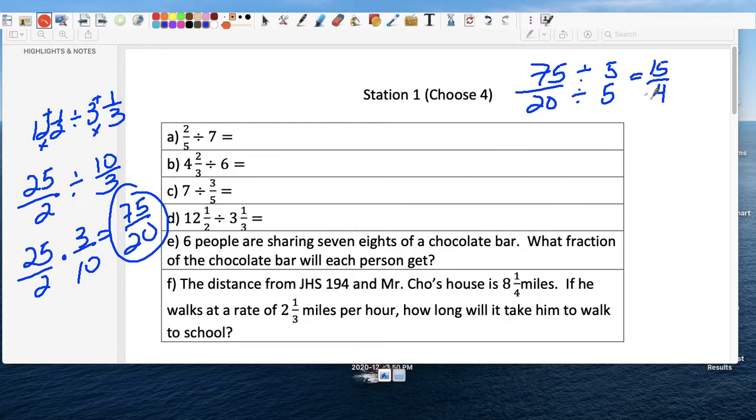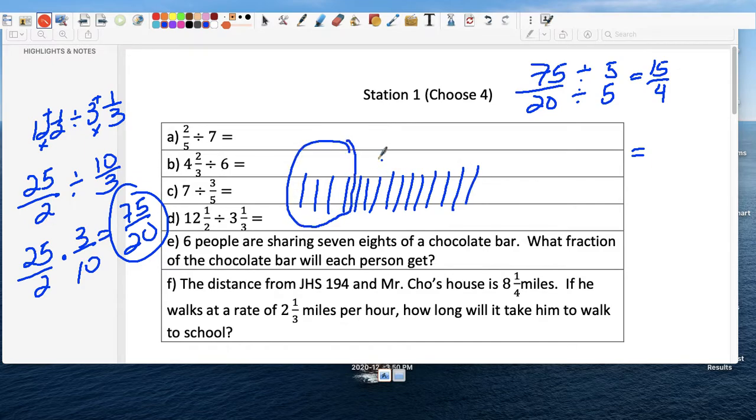Now, can we simplify more? No. Can I change this to a mixed number? Yeah. How many times can 4 go into 15? 4 can go into 15, so 1, 2, 3. Can I make another one? No. So I can make 3 groups. How many left over? 3 out of 4.